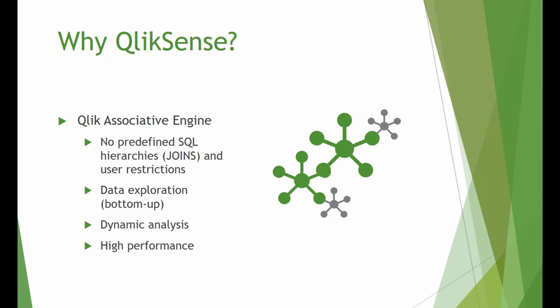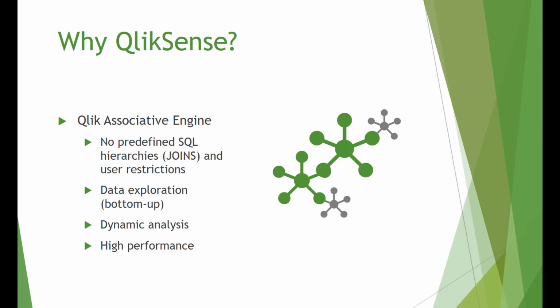Also, in case you would like to perform more complex queries, it would require a lot of SQL joins between tables and therefore also consume a lot of the capacity and decrease the performance of your application. The Qlik Associative engine is much more dynamic for analysis and also offers a better performance when using complex queries.